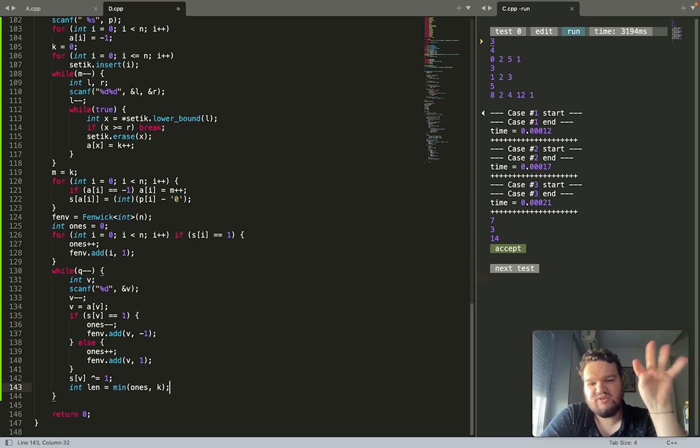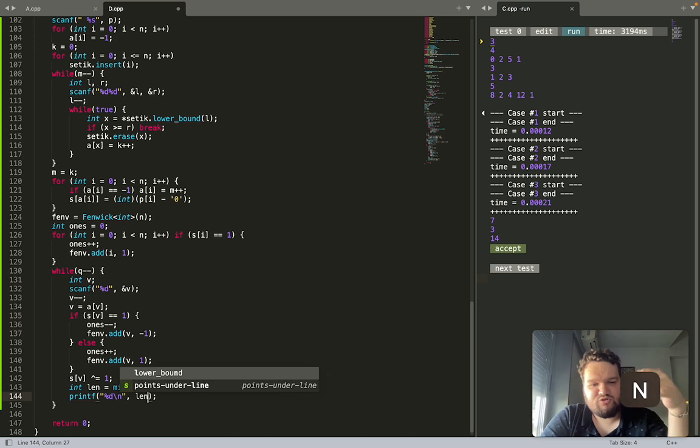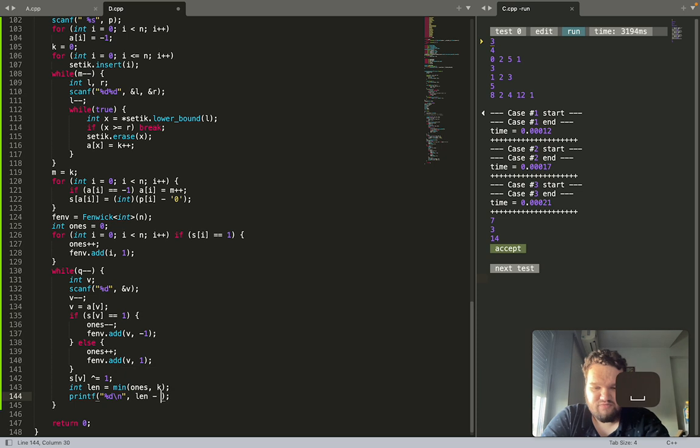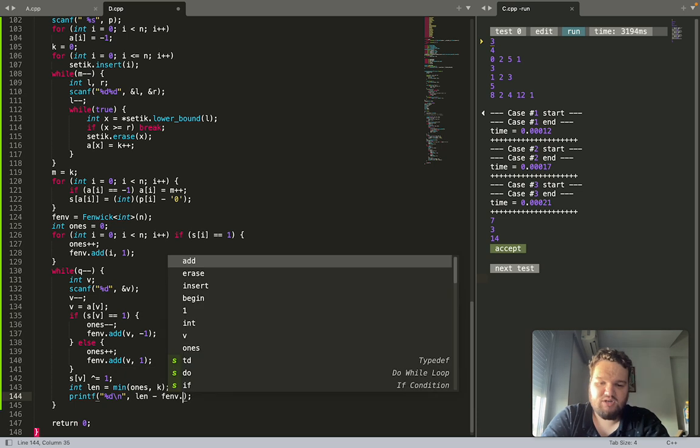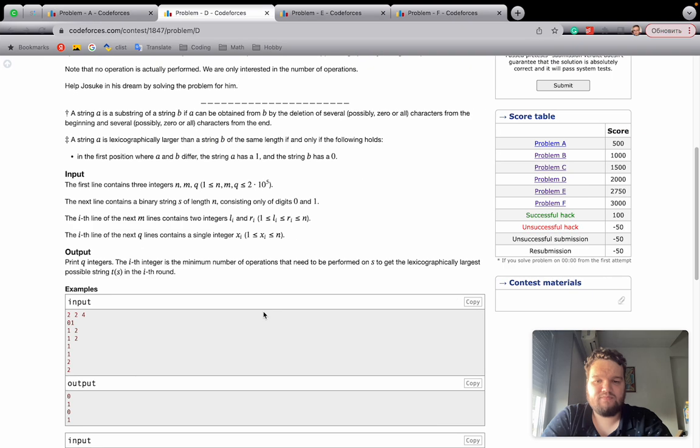I just want to put ones on all the positions that matter. And then the answer to the query is the number of zeros, which is the length of all this prefix, minus the number of ones, which is this. Should be.